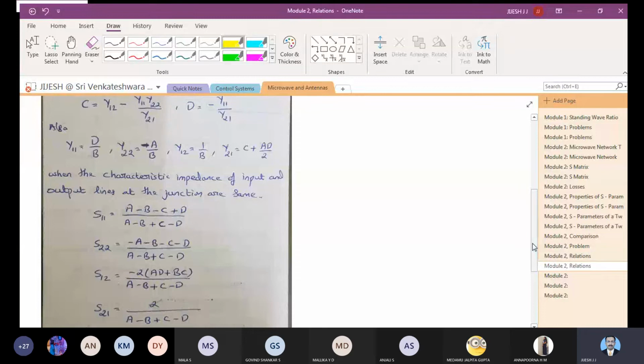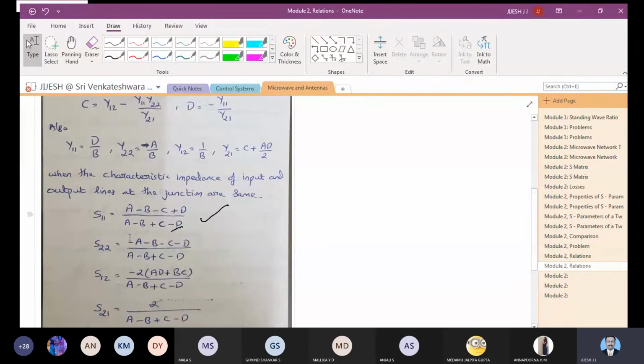If you see, all the equations have the same denominator, only the numerator is slightly varying. So the first equation is for S11. S11 is equal to A plus B minus C minus D, divided by A plus B plus C plus D. All the denominators are the same for all four, but the numerator varies.